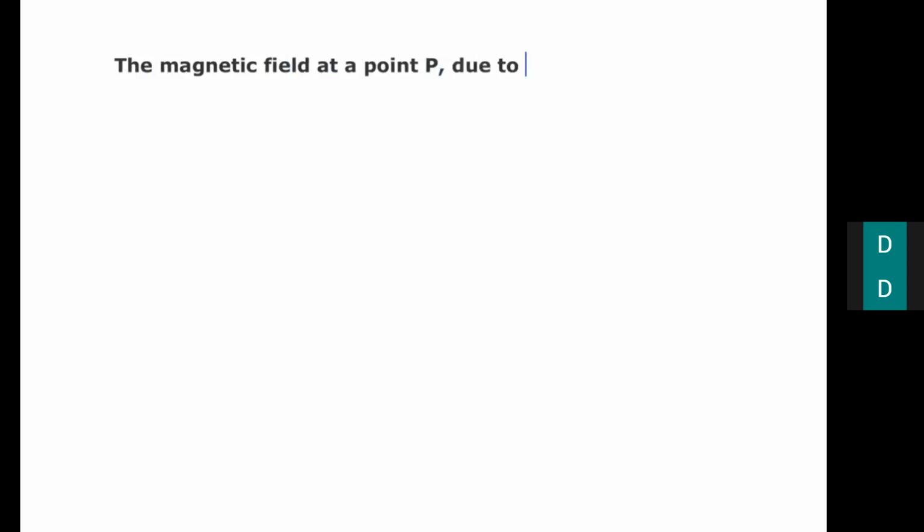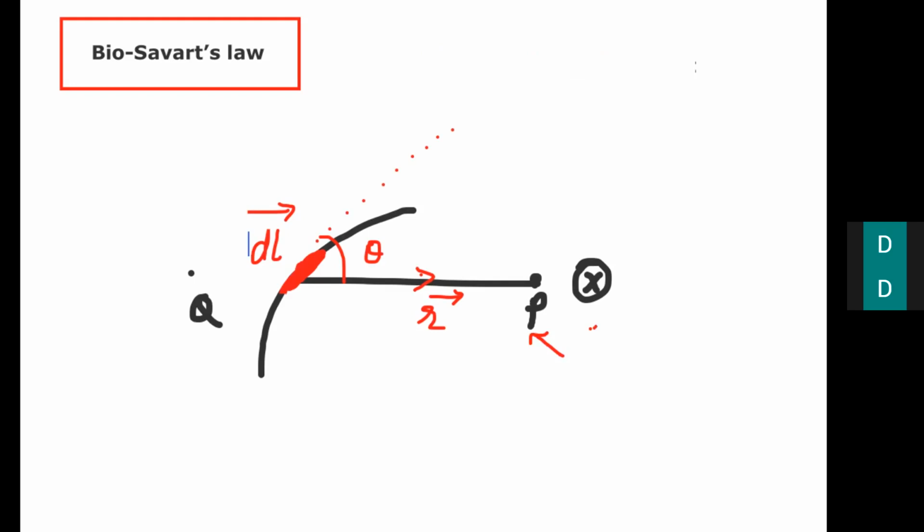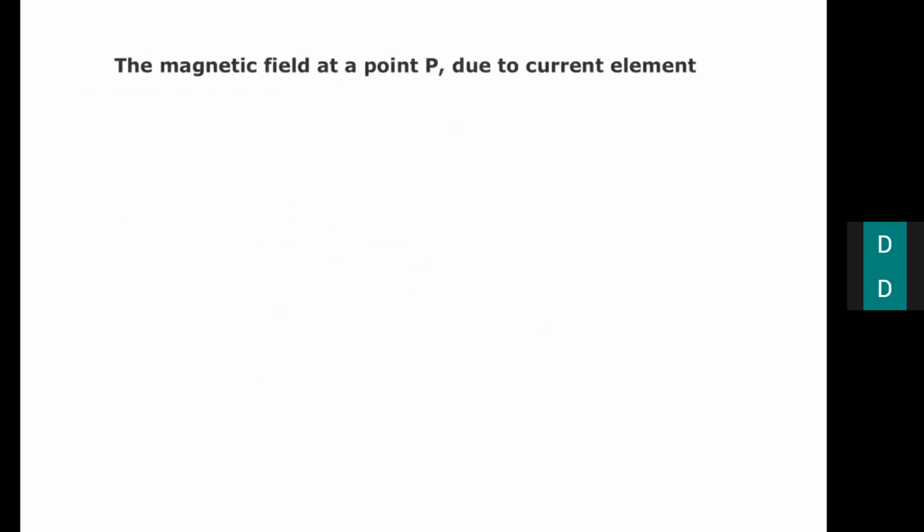You clearly know what the current element is over here. A current element over here is clearly this one. This dL stands for the current element here. So from this current element to this point P, what is the magnetic field? That can be given as dB.